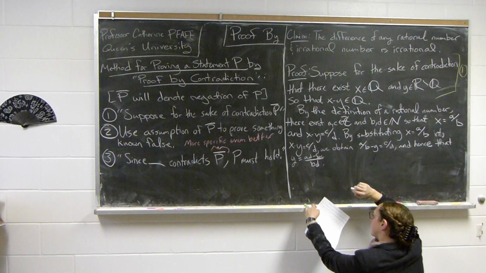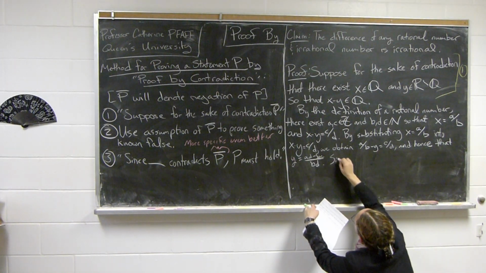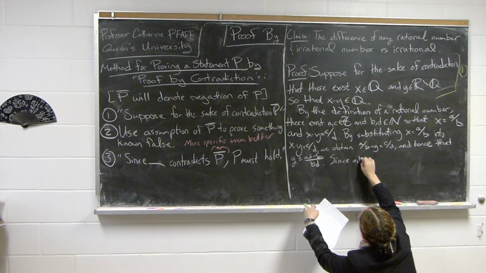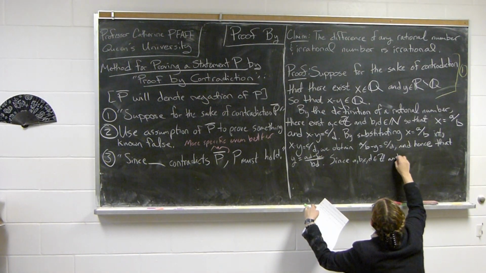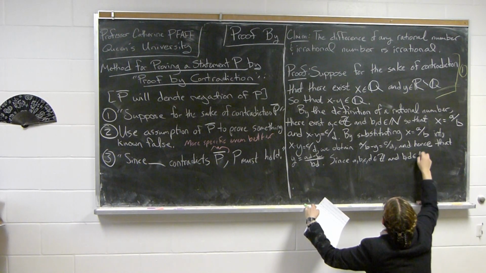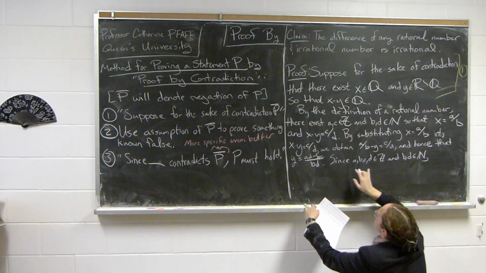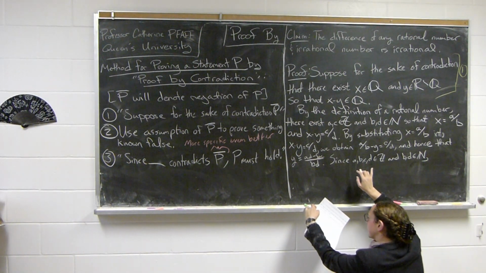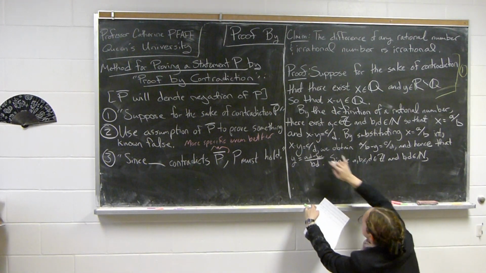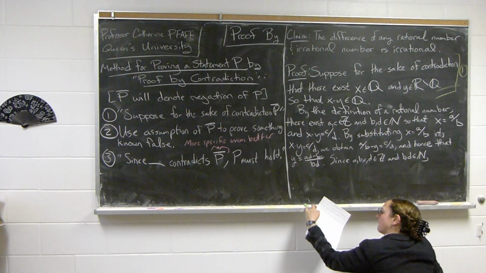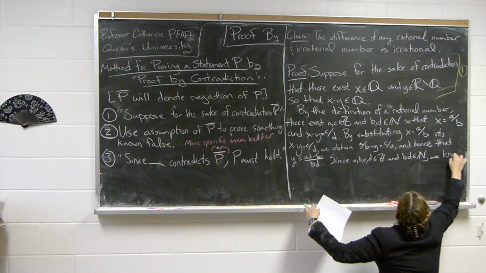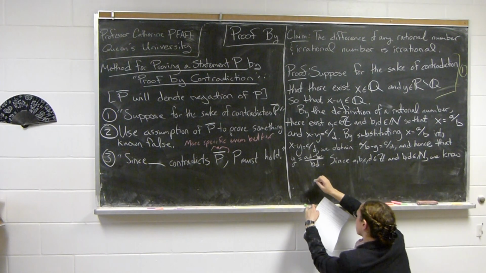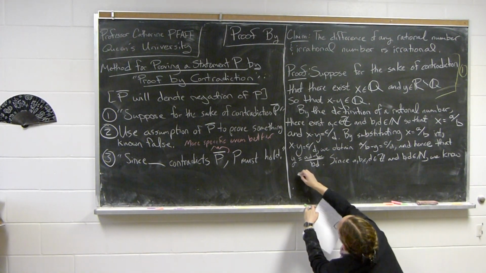Okay. So since a, b, c, d are integers, and b, d are in the natural numbers, and the integers are closed under addition and multiplication and taking of inverses to handle the subtraction part, we know that ad minus bc is an integer.